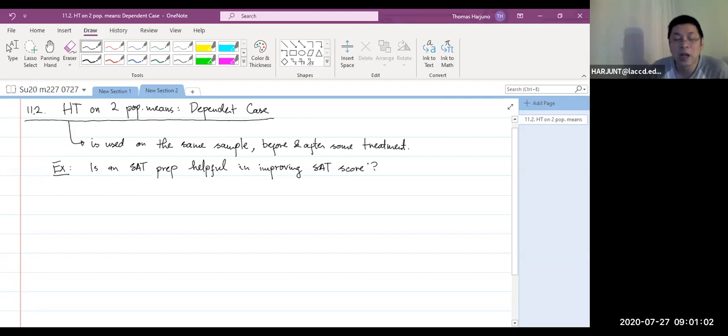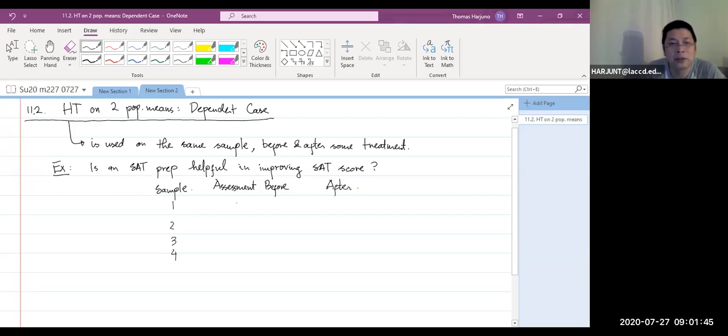The way it is done is you select a sample, let's say 3 or 4 people, or maybe even more. Then we assess these students before the SAT prep and after they have the SAT prep.